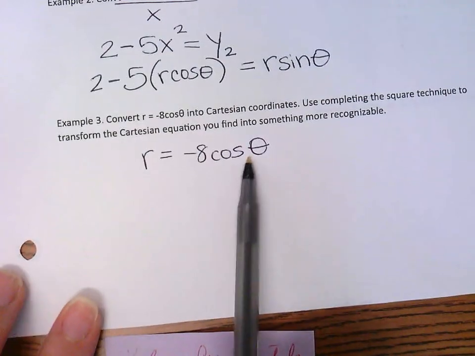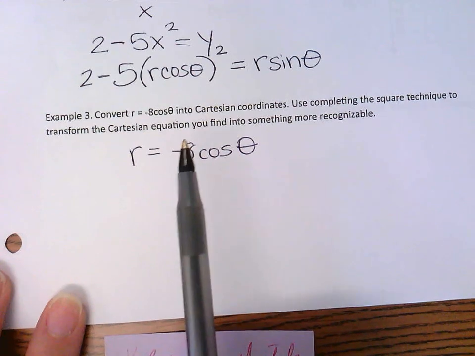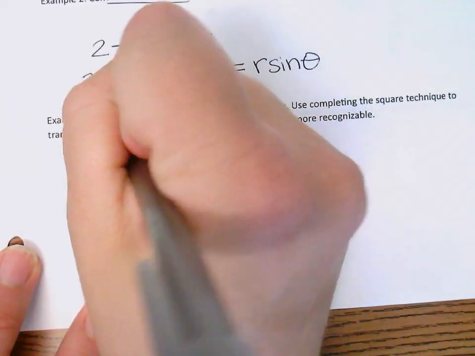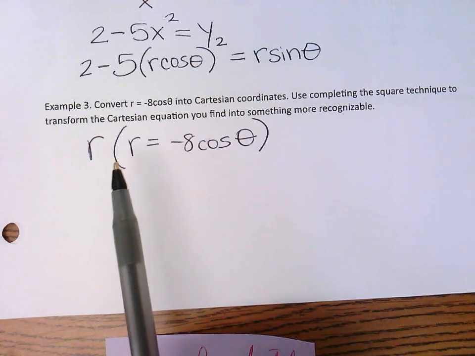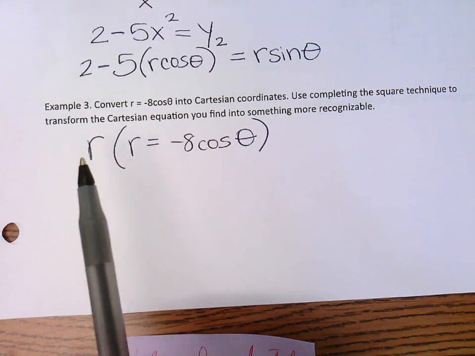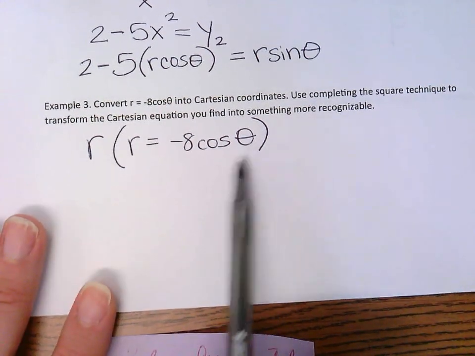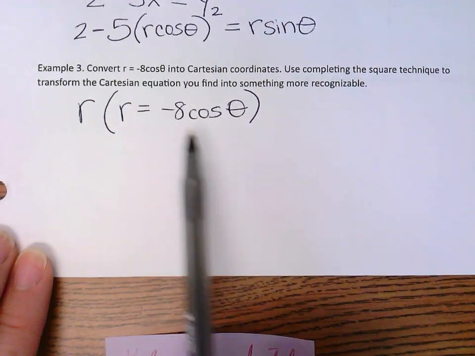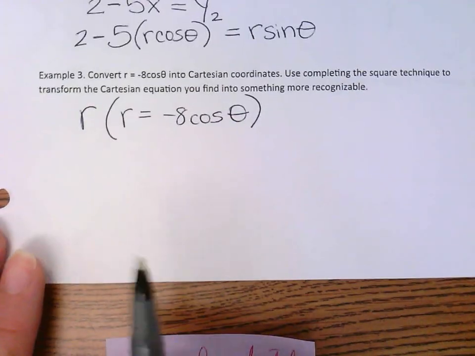How could I make this side say r cosine theta? I would have to multiply through both sides of the equation by r, actually. So I'm not expecting you would know how to do that without me telling you. But now that you know you're shooting for r cosine theta, the only way to get r cosine theta is to multiply by r on both sides.